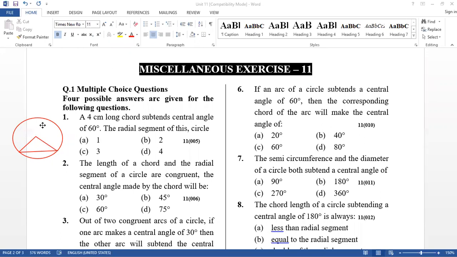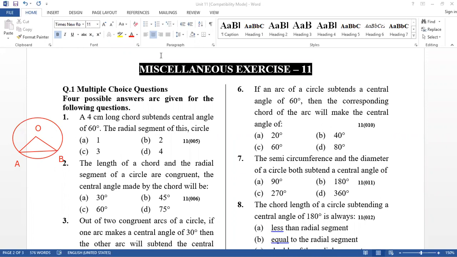Just to explain it further, suppose O is a point, A is a point and this is B. So AB is a chord and O is the central angle. Then according to this statement, chord AB is 4 centimeter, right?